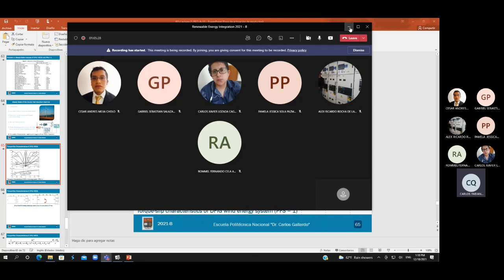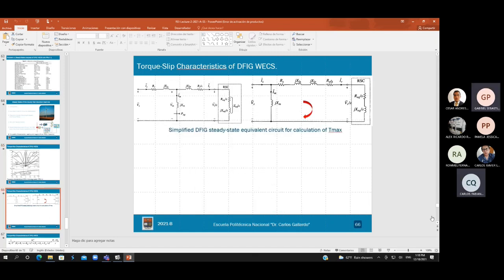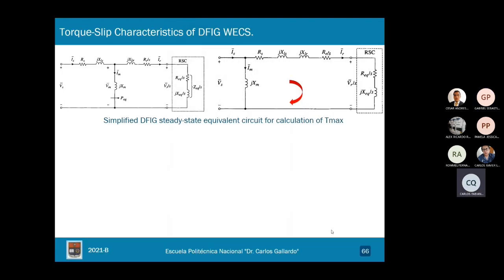What shall I do if I have the equation of the mechanical torque? We can derive and equal to 0 the equation. That is right. I need to take the derivative, okay? And this derivative is equal to 0. That is the way to compute either a maximum or minimum, okay?